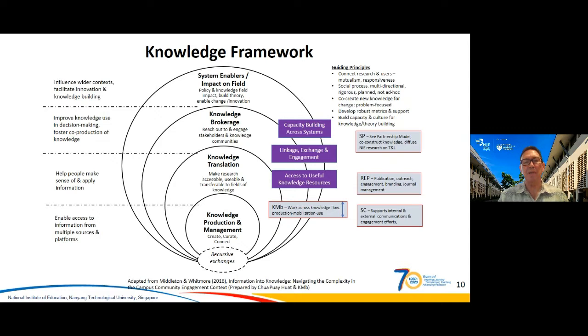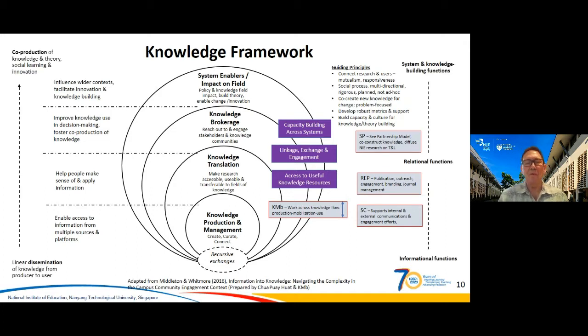So making sure that they have the knowledge that they need just in time to be able to make decisions, whether it's in classroom practice or in the policy as well. And this can have an influence on the wider context of innovation and knowledge building. And then on the left-hand side, we're wanting to move from a linear dissemination of knowledge from producers to users to a model that's focused on the co-production of knowledge.